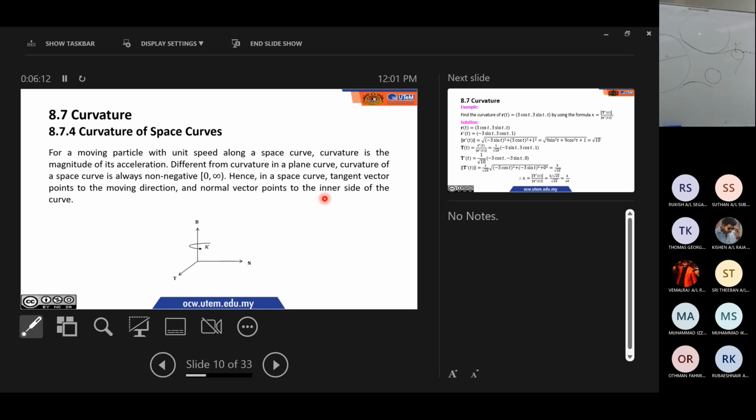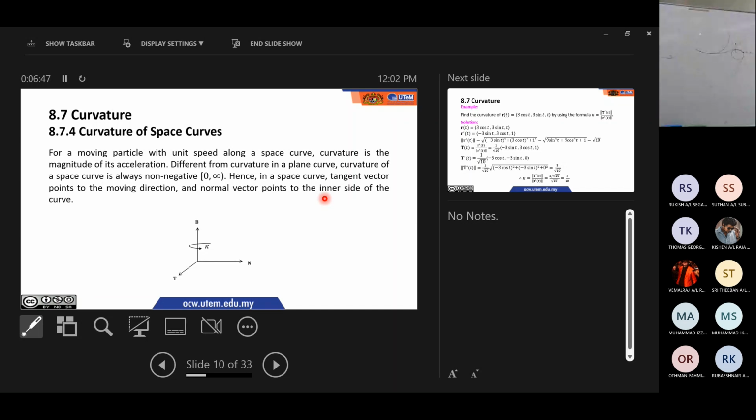What do I mean by inner side? Let's say this is a space curve. This is not lying on a plane. So this is the inner part. This is the inner part.